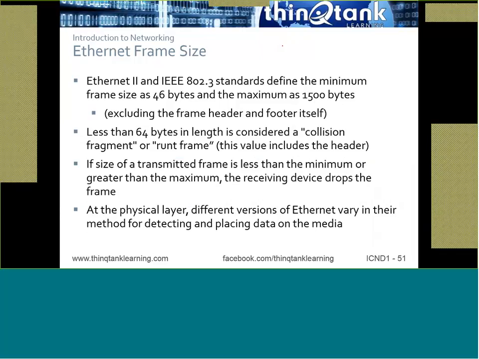Well, 14 bytes. You've got 6 bytes for destination MAC, 6 bytes for source MAC, and 2 bytes for the type field or length field. So all said and done, the header is 14 bytes, the footer is 4 bytes, giving us a total overhead for Ethernet of 18 bytes.